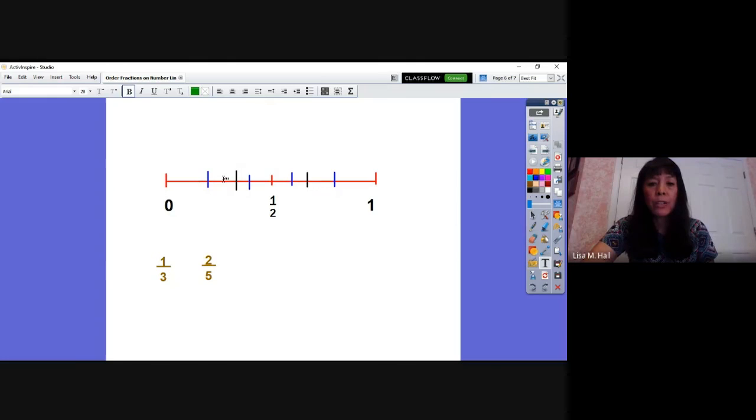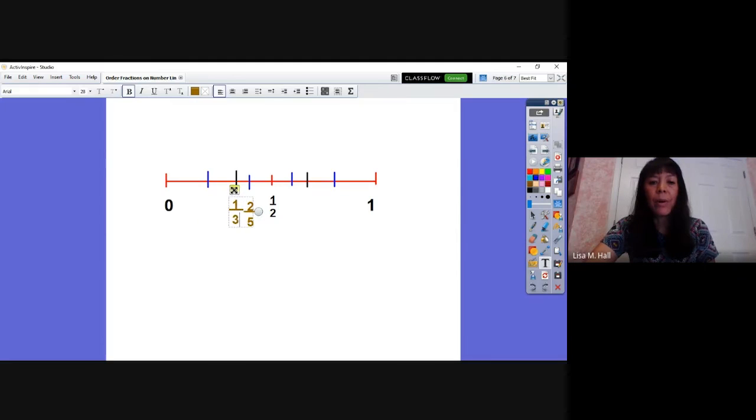So the blue, 1, 2, 3, 4, 5. I've got fifths. So this is 1/5 here. This is 2/5. And you know what? I don't even need that one. The blue is in fifths. 1/3 would be the black. 1/3, 2/3, 3/3, or 1/2.